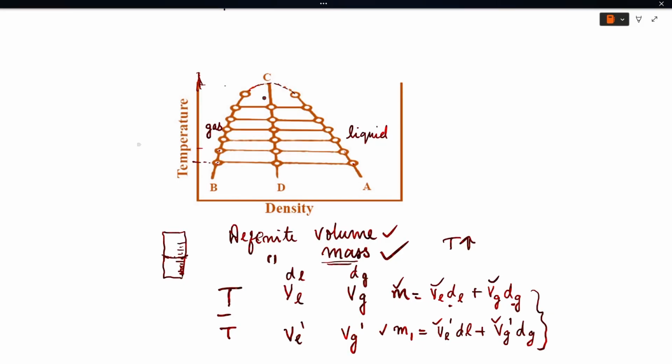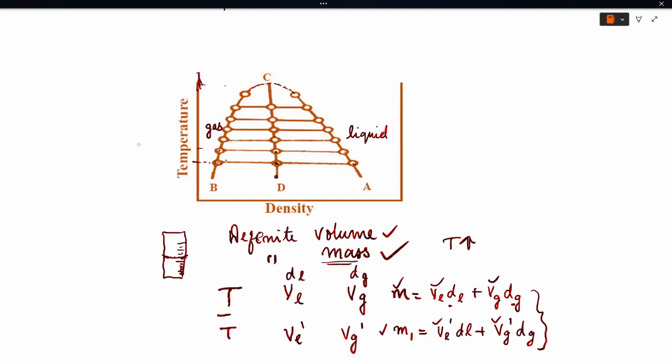Now, here is where we are going to apply the rectilinear diameter, that is the Cailletet and Mathias law, where it is said that if I take the mean of these two and plot it against temperature, it should be a straight line, right. So, I will take the means, mark it here and so on.